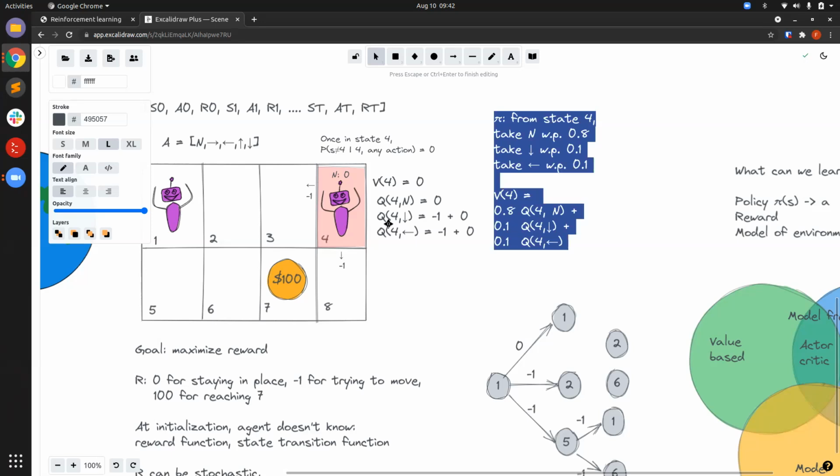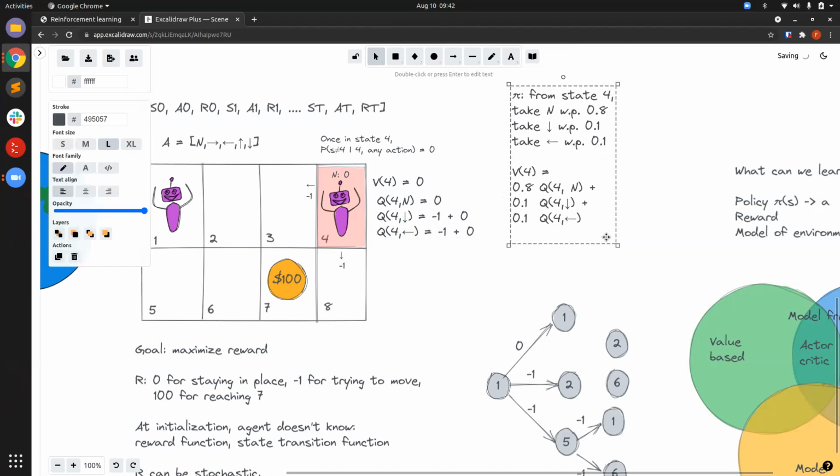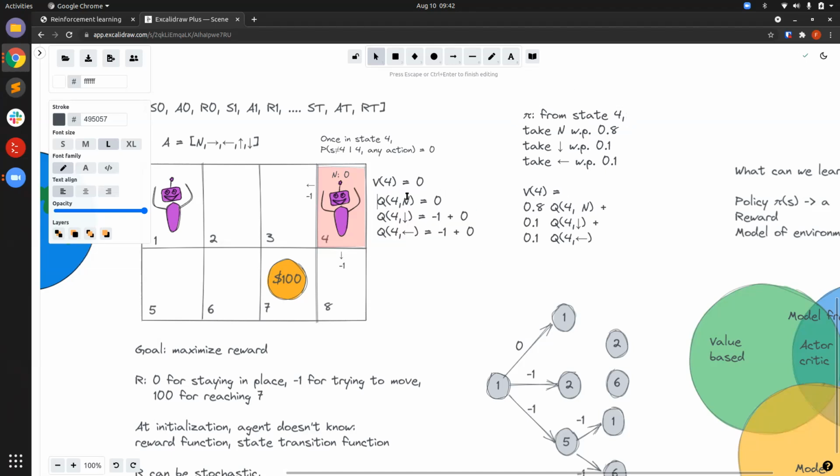Now, over here, we said that the action value of these different actions were, for 4 no-op, 0. For 4 down, it was -1. For 4 left, it was -1. But that's only true for a given policy, right? So this was for a policy that says in state 4, you always do no-op.